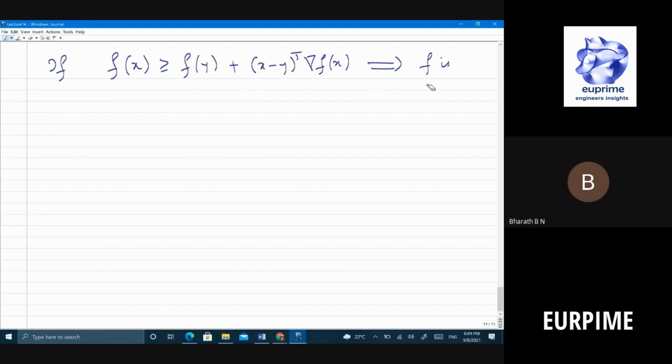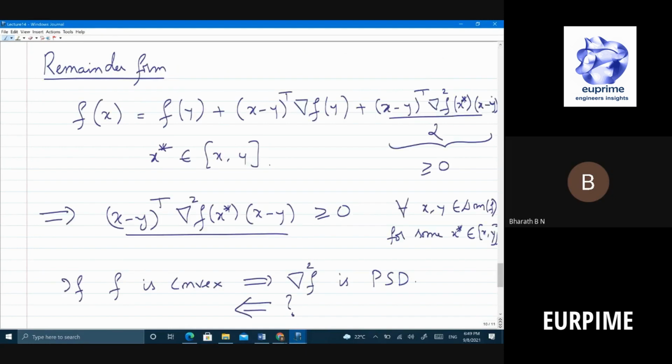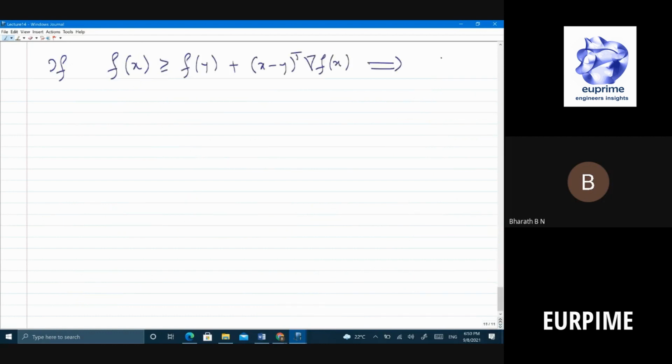That means if the Hessian of f is positive semi-definite, this inequality is true. If that implies f is convex, then we are done.